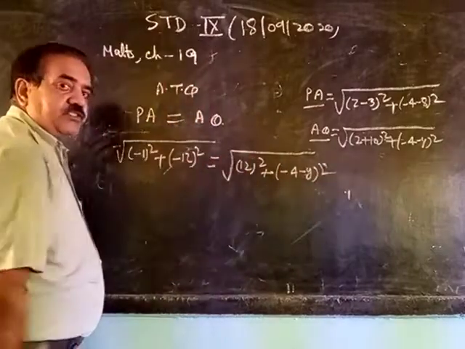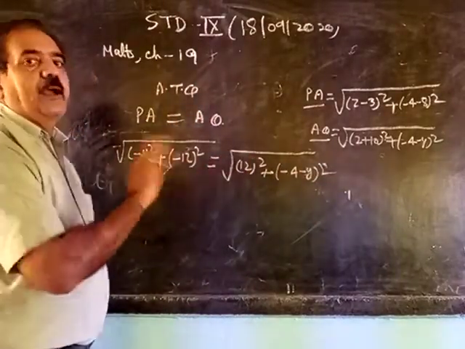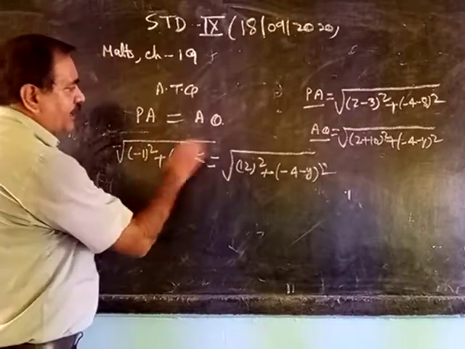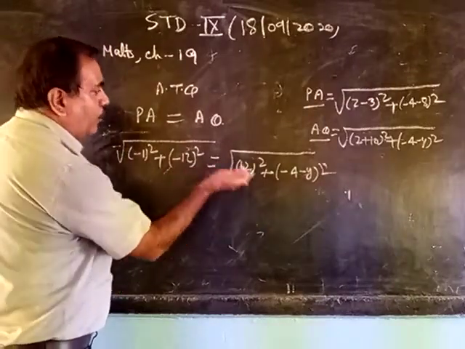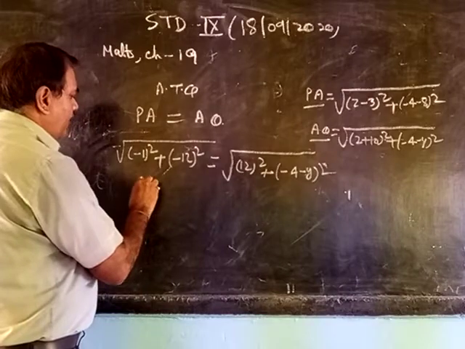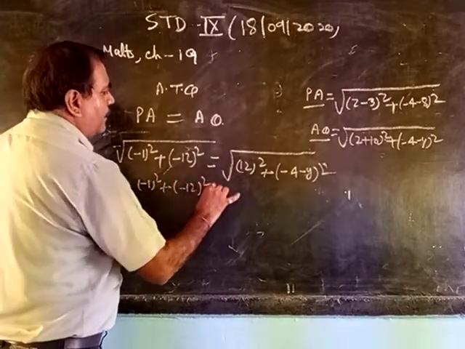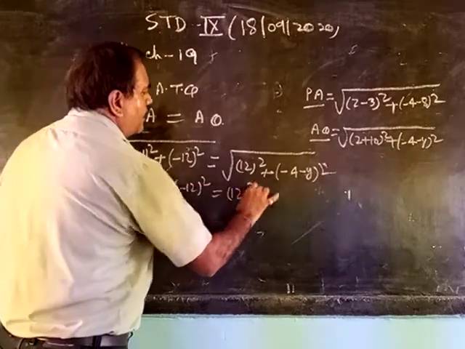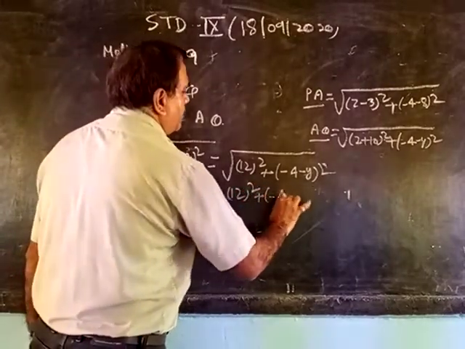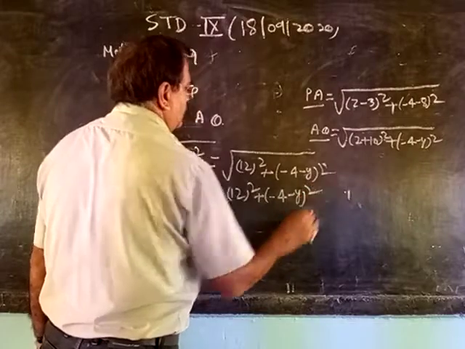Now both sides are under a square root, so it will be removed by squaring both the sides. Then (-1) squared plus (-12) squared is equal to 12 squared plus (-4 minus y) squared.